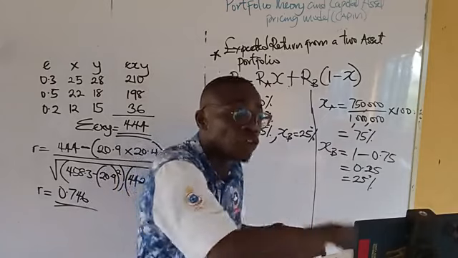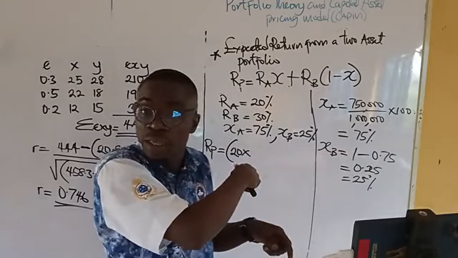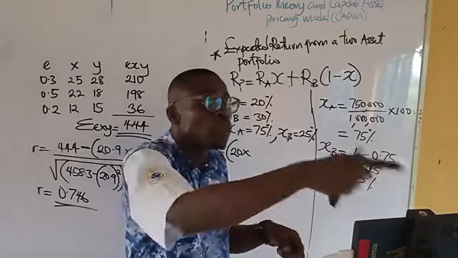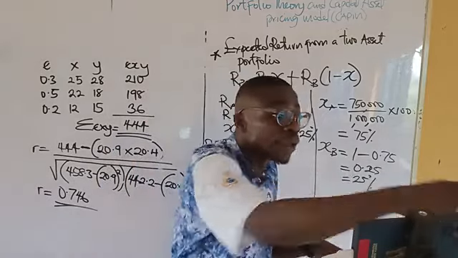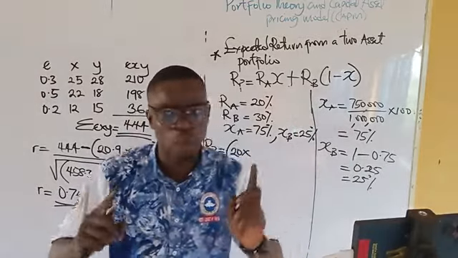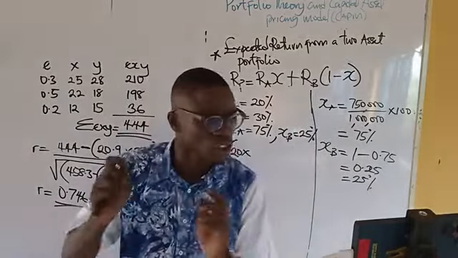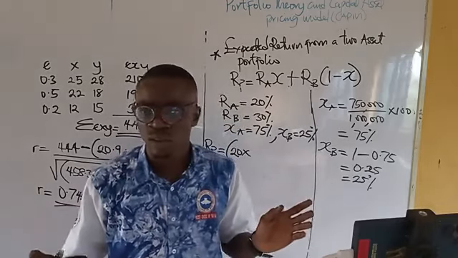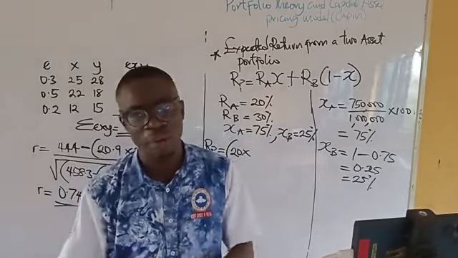You are saying 100 times 100. Because the return should be expressed in 100. So, are you getting it now? Yes. That's why you have to express one variable in percentage, the other in decimal. So that by the time you get the answer, you don't need to divide by 100 again.